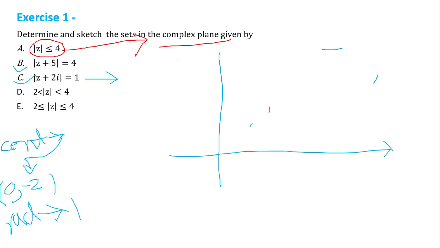This is the imaginary y-axis and this is the real axis. First draw the center: x is 0 and y is minus 2, so this point is 0 comma minus 2.